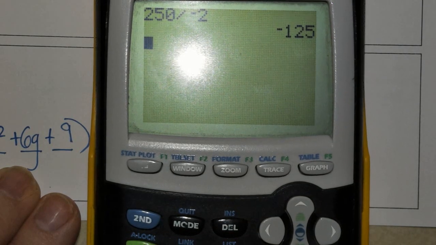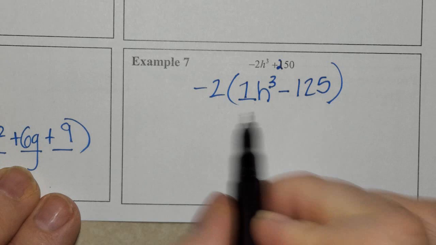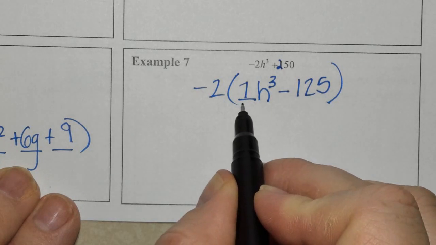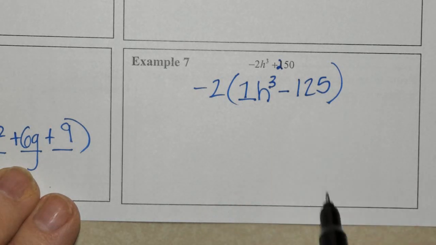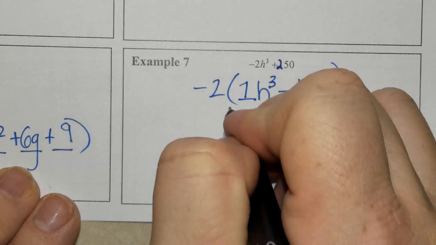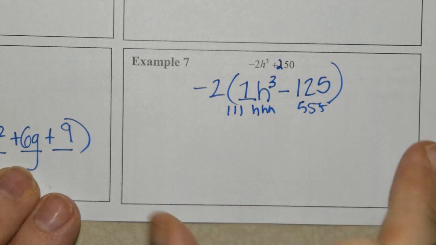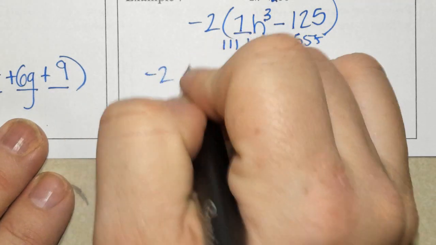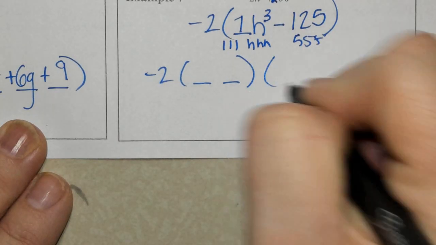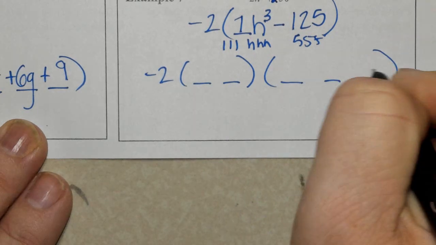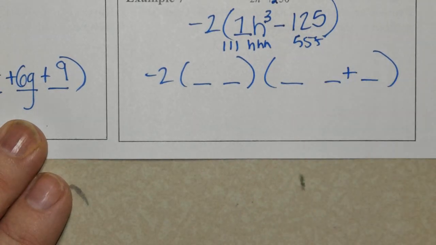The answer is -125. Is 1 on the highlighted list? Is 125 on the highlighted list? 1, 1, 1, H, H, H, and 5, 5, 5. 2 terms in the first parentheses, 3 terms in the second.